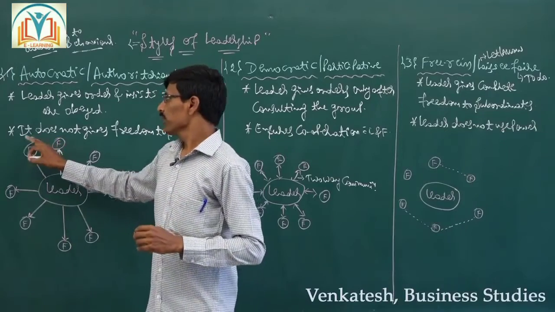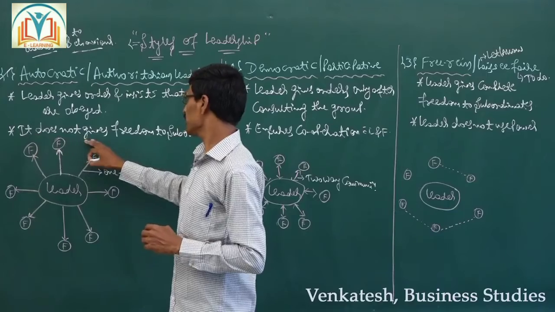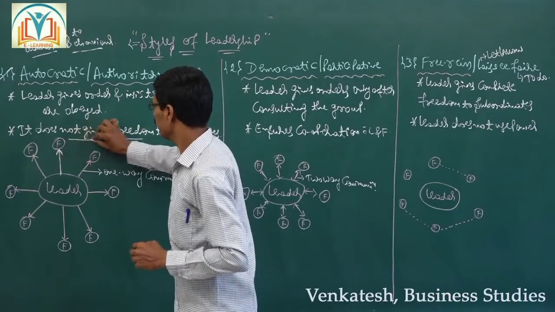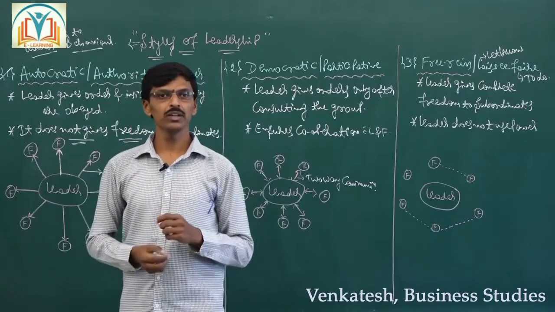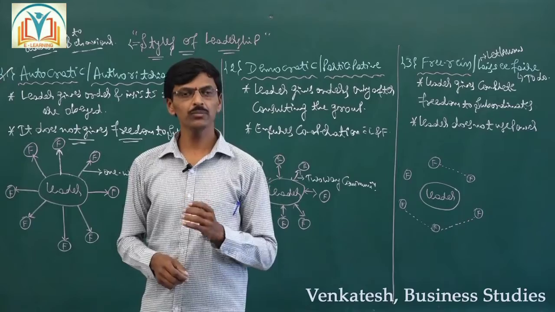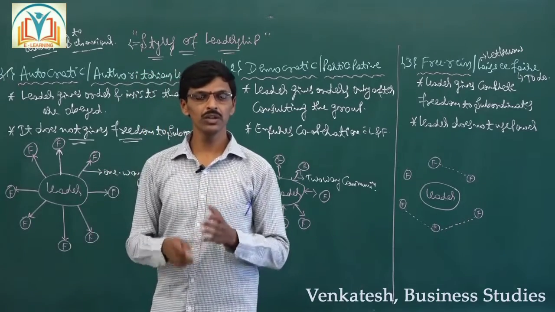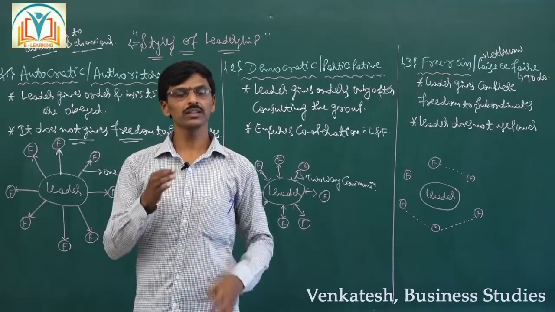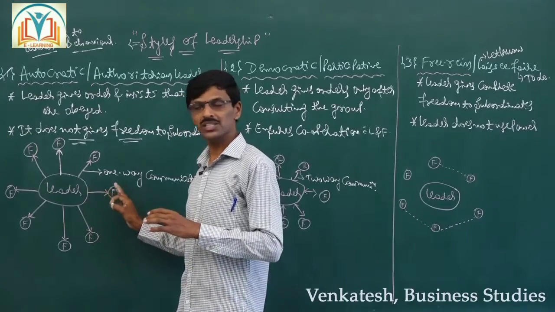In autocratic leadership, there is no freedom given to subordinates. The followers or group members in a team do not have any freedom to take decisions. They do not have any freedom to follow their own path in completing the task. They only have one-way communication.